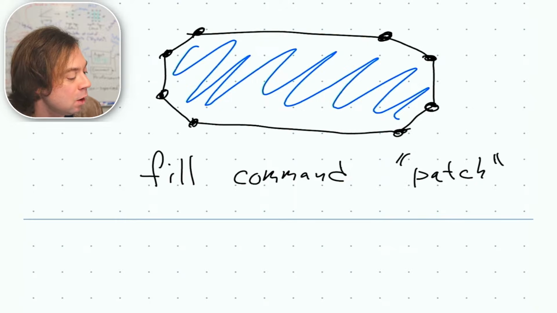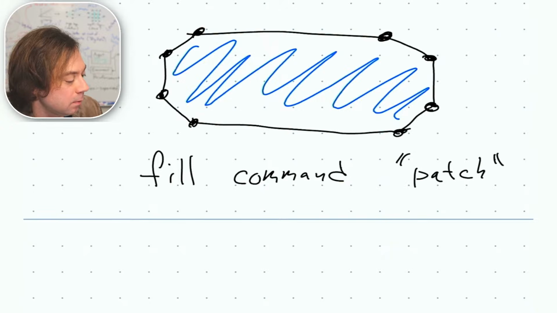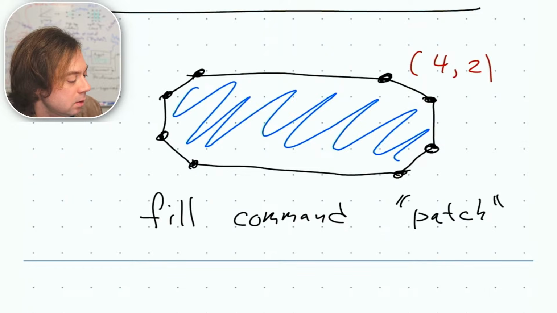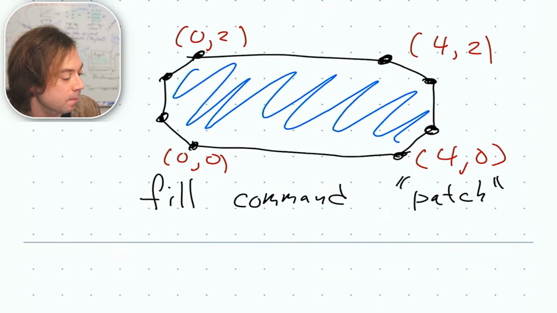So let's say you know all these points. Right now I don't have time to go through all of them, but say this one, this one, this one, this one. Let's say this here is 4, 2. This is 0, 2. This is 0, 0. And this is 4, 0.